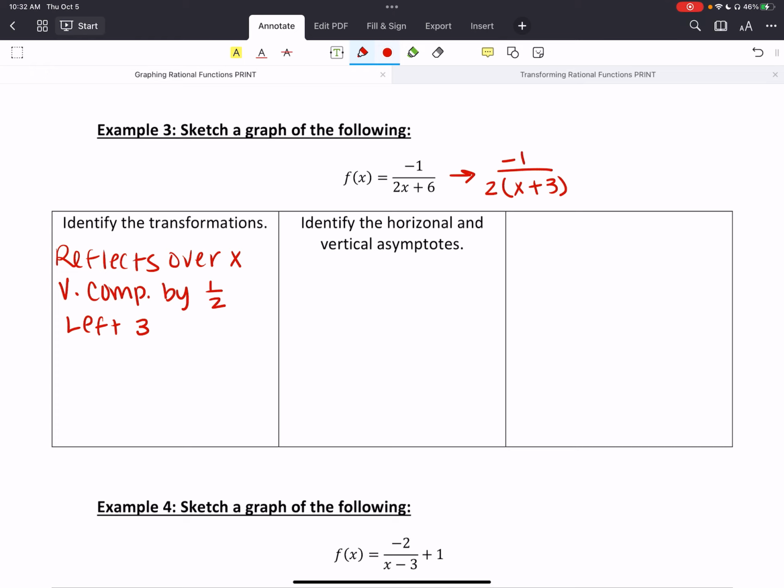So if you notice, we did not go up or down at all. So that means our horizontal asymptote is just y equals 0 because we didn't add or subtract anything away from our fraction. Then our vertical asymptote, we're going to take this x plus 3, set it equal to 0, and get negative 3. So our vertical asymptote is x equals negative 3.